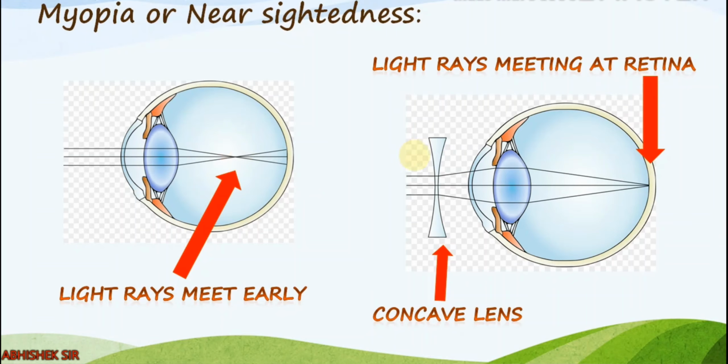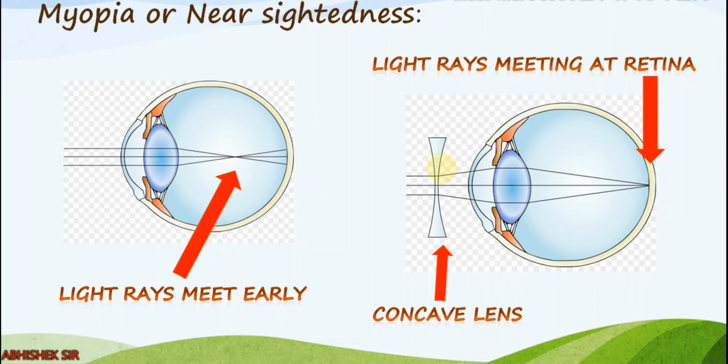Clear? Now how can we solve myopia? You can use a concave lens of appropriate power. It will help the light rays to refract in such a way that after wearing spectacles, after wearing the concave lens, the light rays will fall exactly on the retina. Clear?